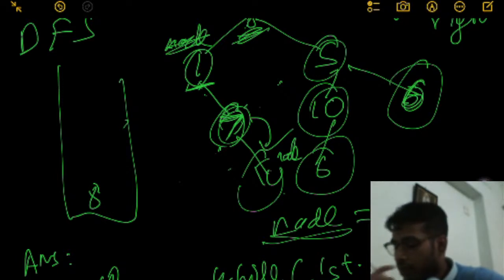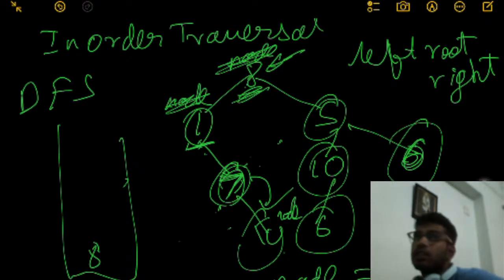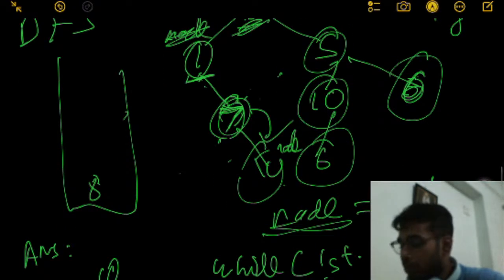So now this is the case, right? Now node moves to right, and the node is now null.